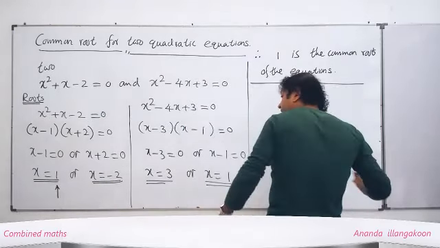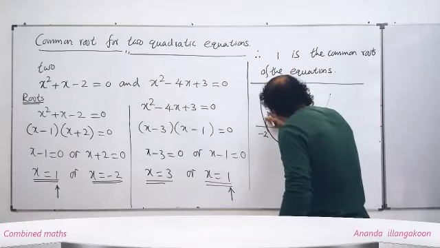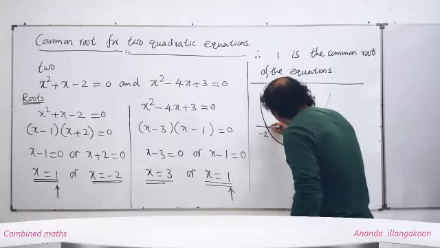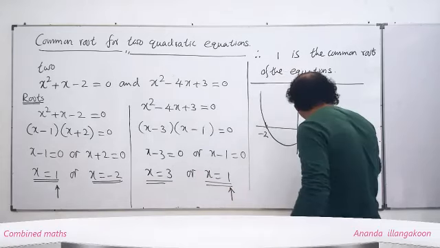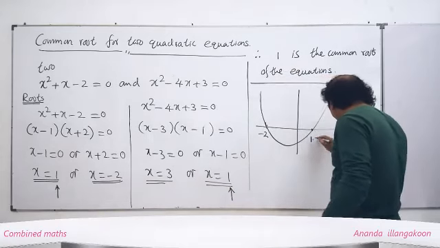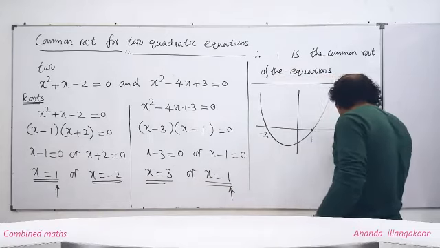Minus 2 is here, 1 is here. Then the graph is this. For this graph, 1 and 3, here 1 and 3. The two roots are like this.